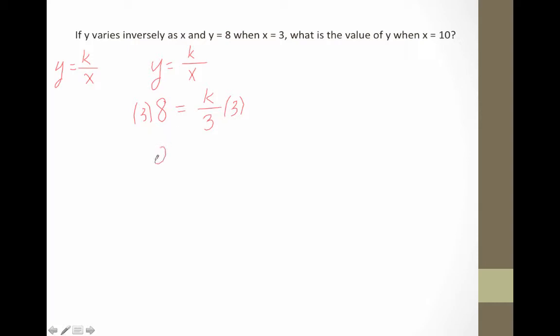So I multiply by 3, 24 is k. So then the question is, what is y? So I'm not going to know y, so I might as well write y equals, when x is 10, k over 10. 24 is k, we just found that, over 10. And you can write that either as 12/5 or as 2.4.